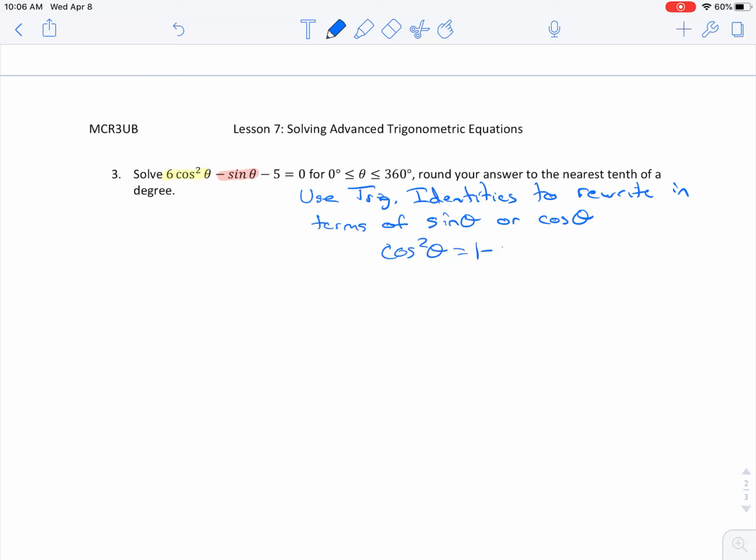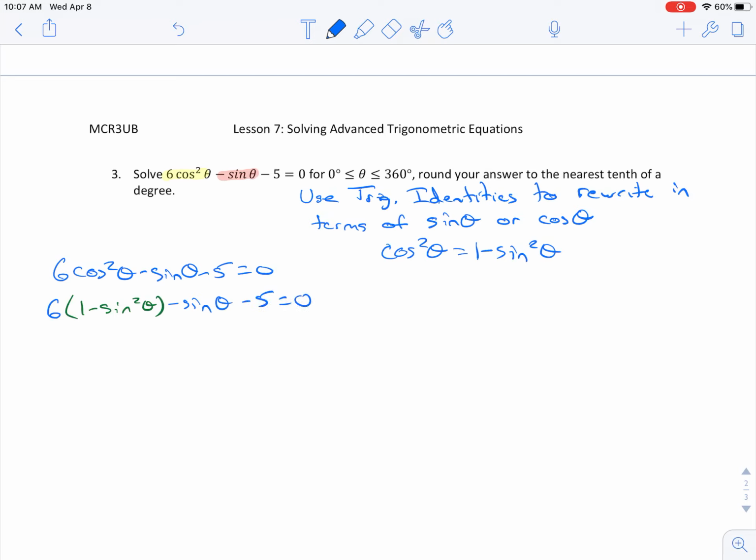So if you notice, cos squared theta, which we have, is the same as 1 minus sine squared theta. And if I replace that, then I'll have everything in terms of sine. So what I'm going to do is that. I've got 6 cos squared theta minus sine theta minus 5 equals 0. And I'm going to replace this with the Pythagorean identity.